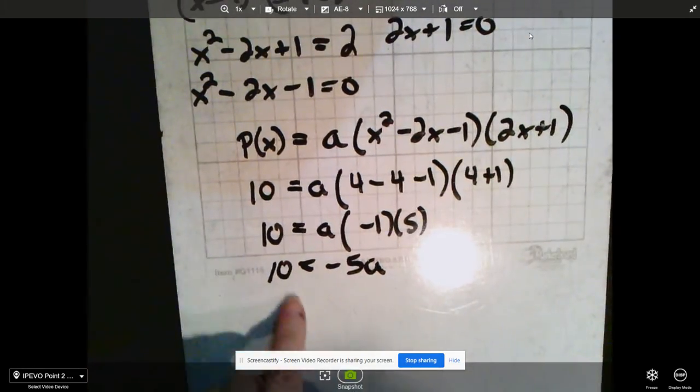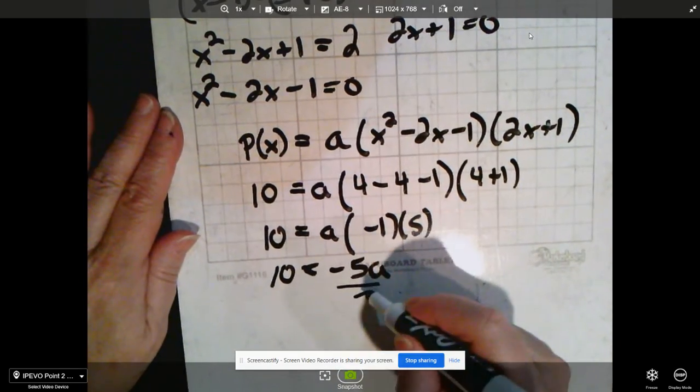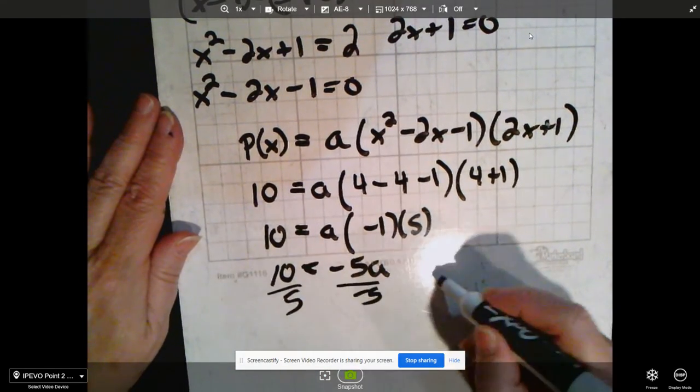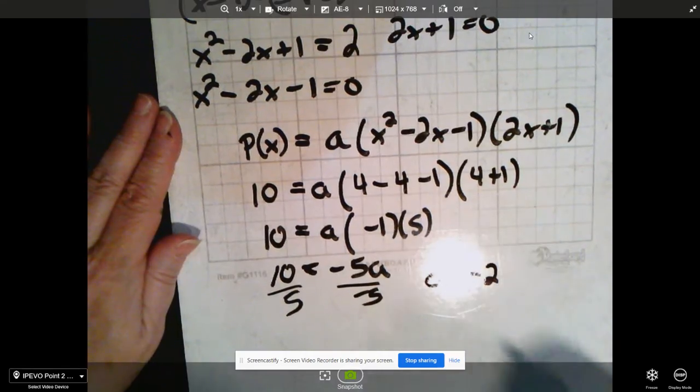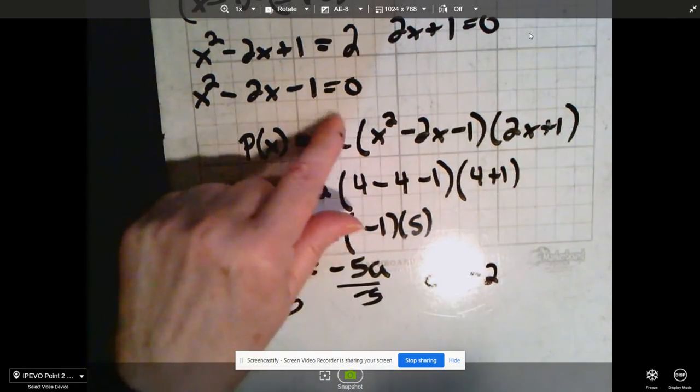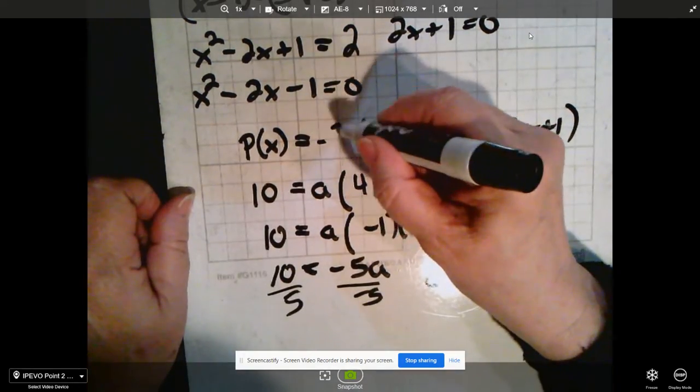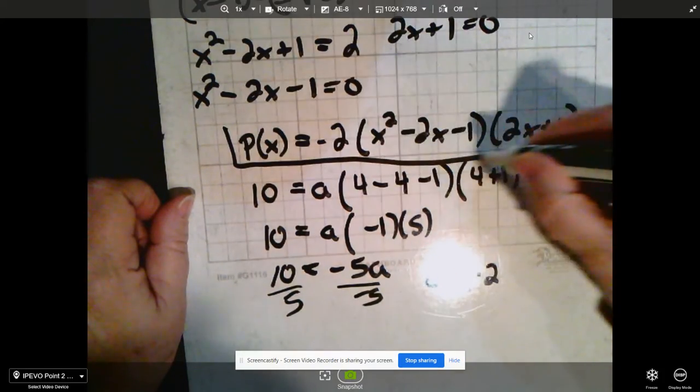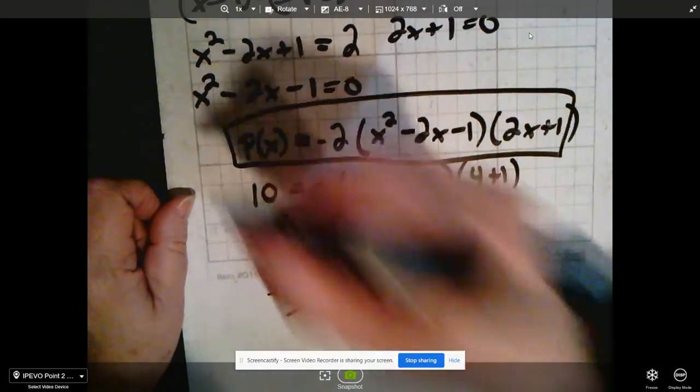Whoops, I'm running out of room here. Sorry. And so now when I divide by negative 5, I know my a value is negative 2. All right, so that's beautiful. So I can go up here and say, now I have the actual equation that has those roots. But they didn't ask me for the equation.